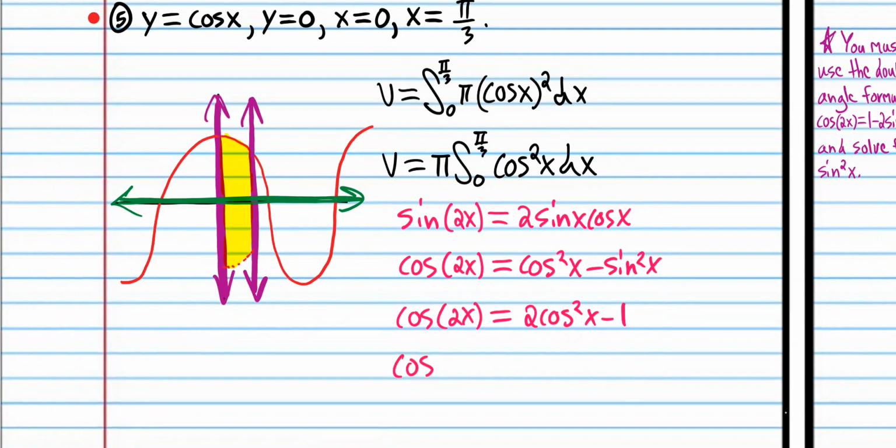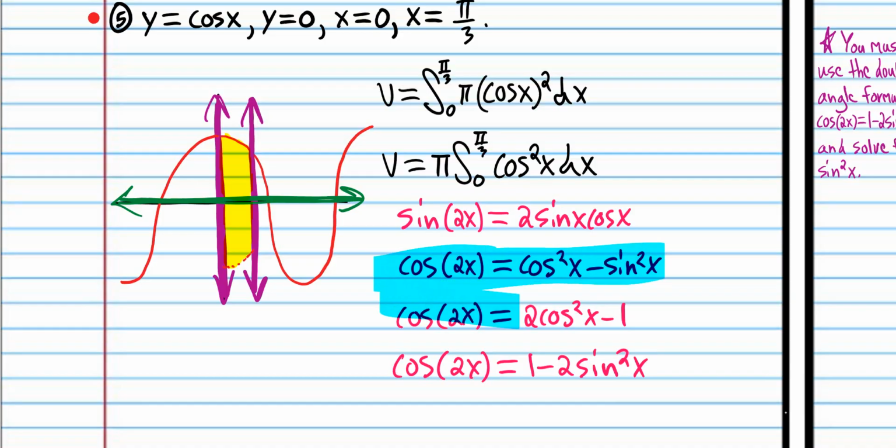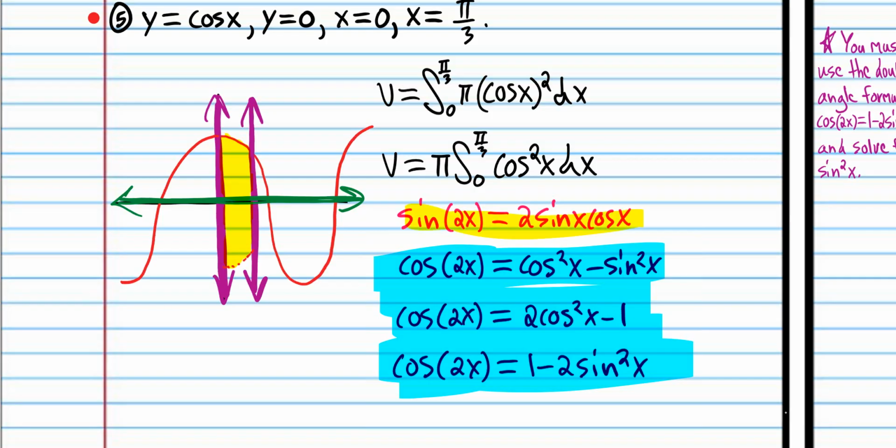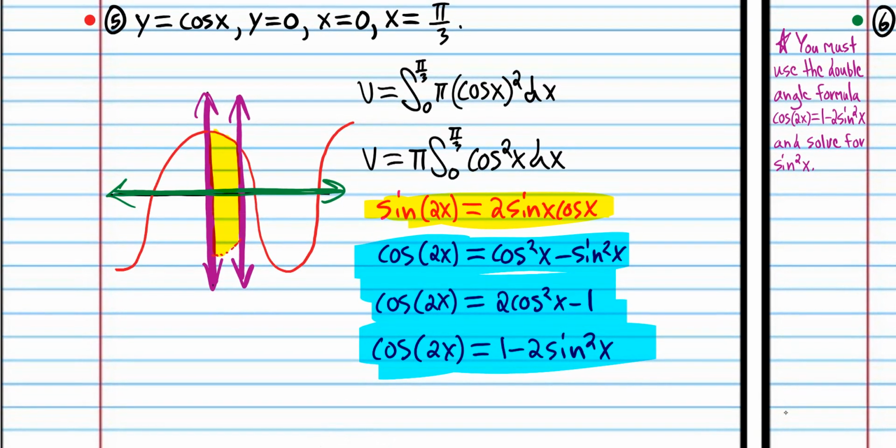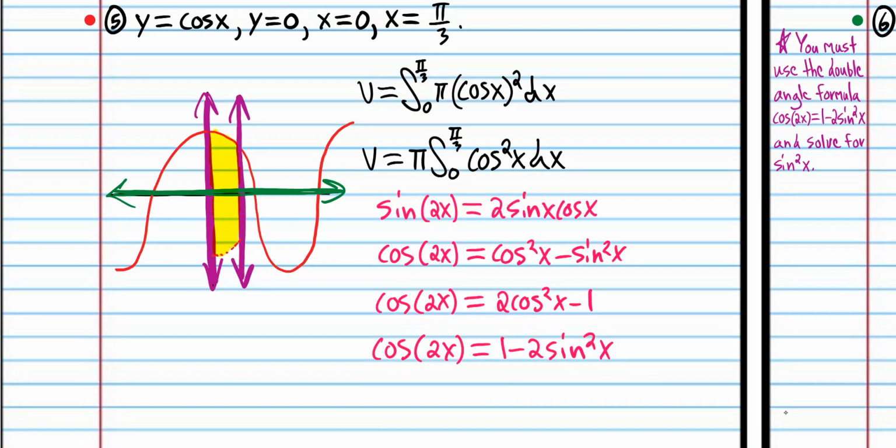And we also learned that cosine of a double angle is also equal to 1 minus 2 times sine squared x. So the cosine double angle formula actually has 3 identities, whereas the sine angle only has 1. Well, the one that we're going to use is this one. That one's going to be useful to us.